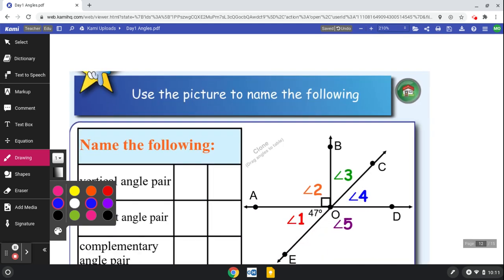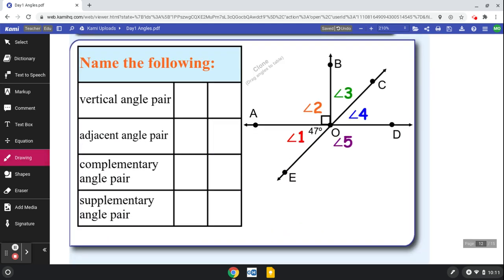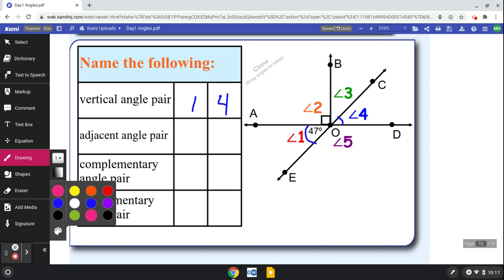Alrighty. So let's do a couple more examples. Find a vertical pair. So we need to find a pair that is vertical, meaning they are across from each other and equal. So I would automatically go with angle 1 and angle 4. What about adjacent?